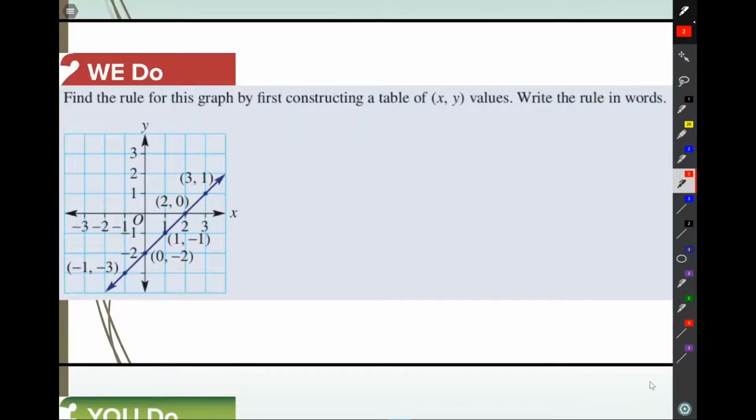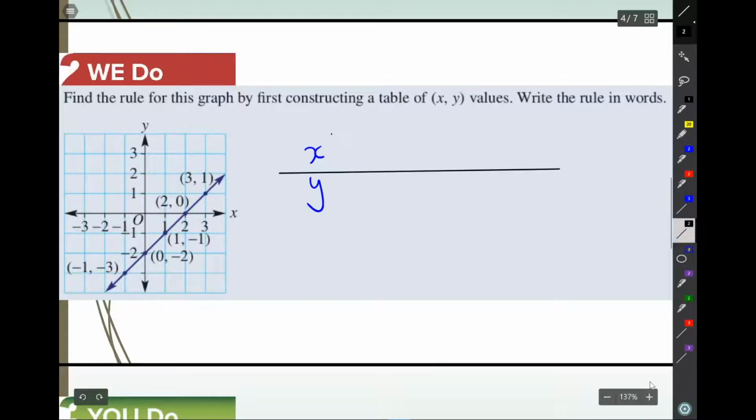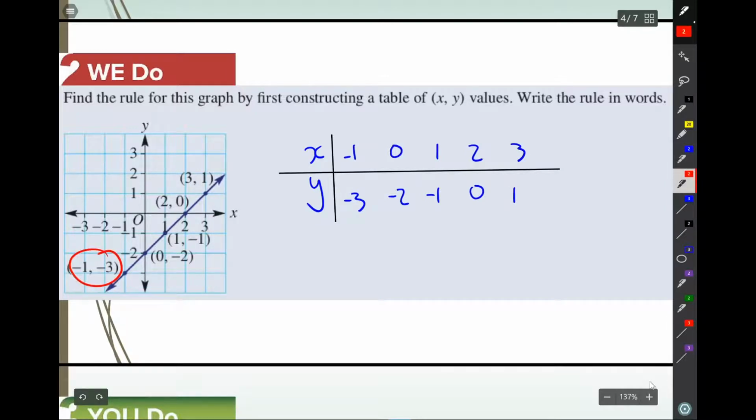You may get some examples like this, where you're given the graph and you have to construct your own table. But we should be fairly comfortable with doing this, because all we need to do is read off the points. Minus 1, minus 3, 0, minus 2, 1, minus 1, 2, 0, 3, 1. I was just reading off these and writing them down into my table.